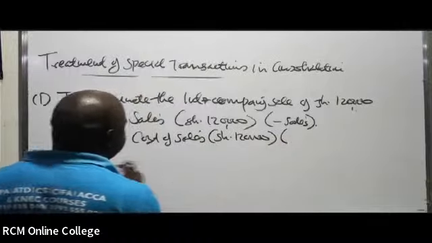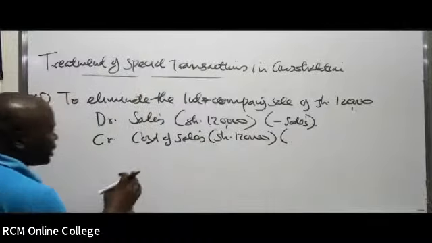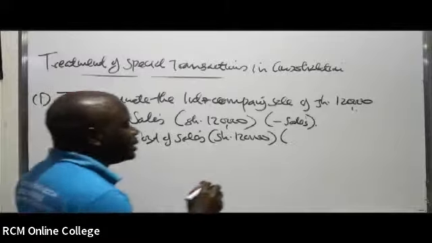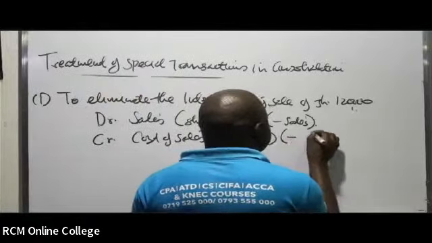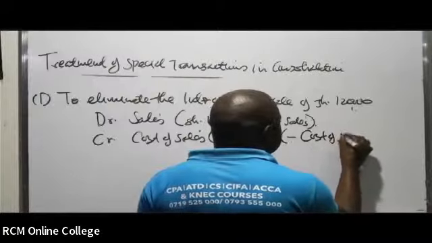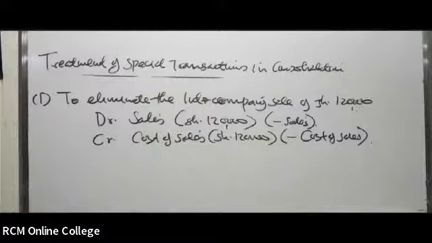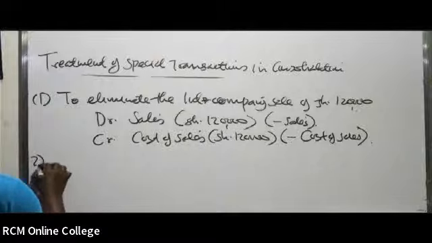Ideally, these entries mean that because cost of sales is an expense account you are crediting, when you credit an expense account you are deducting that expense. So you will be deducting from the cost of sales.